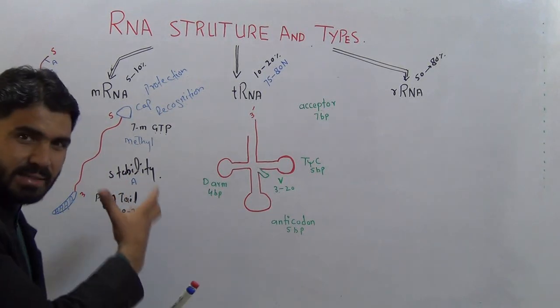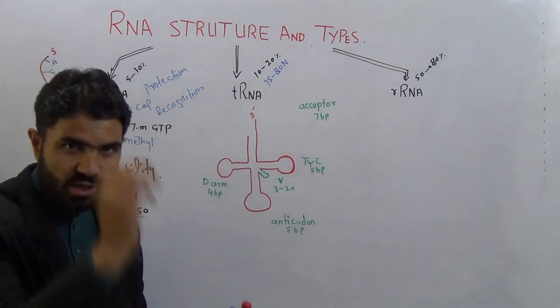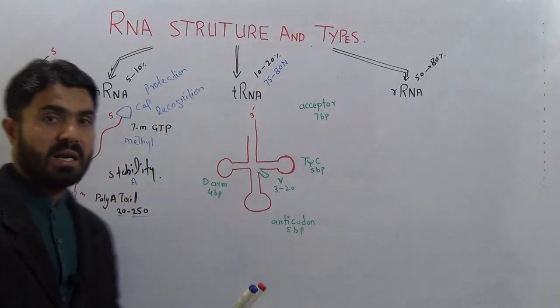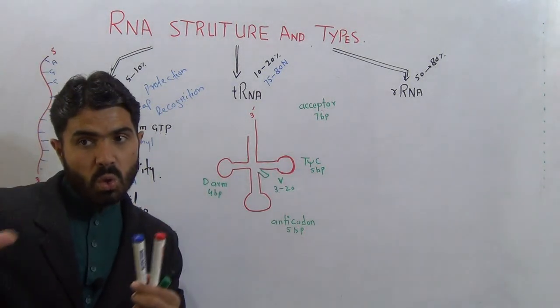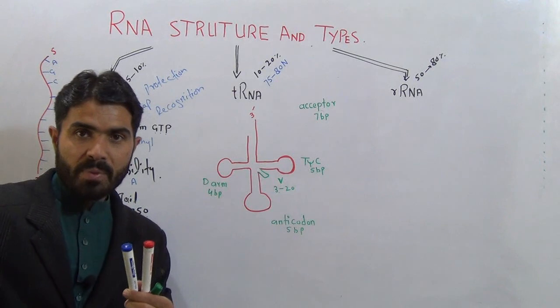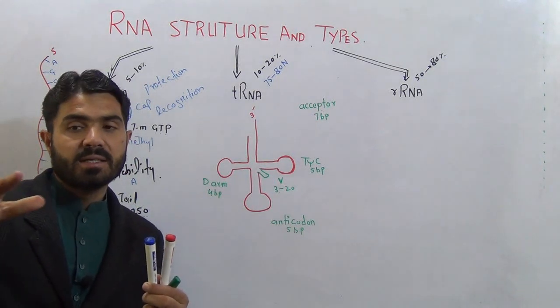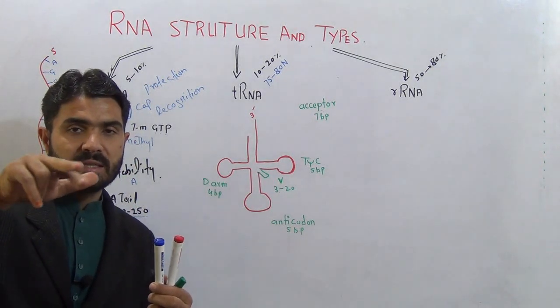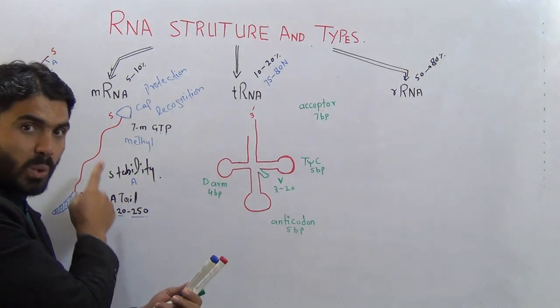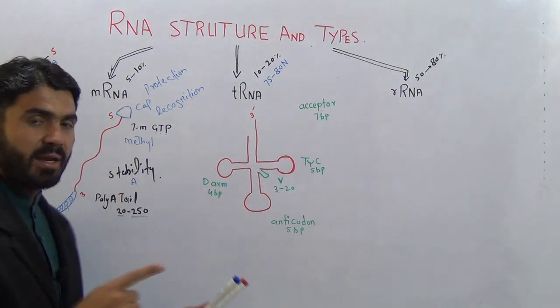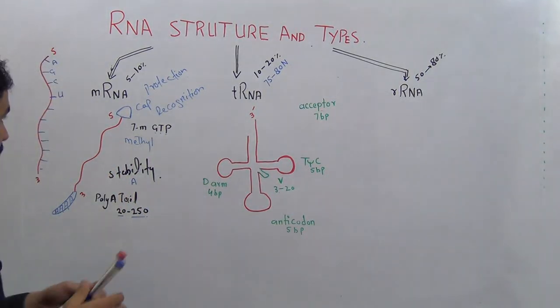It will stabilize that messenger RNA throughout its journey, because this messenger RNA is now supposed to go towards the ribosome, attach there, and the process of protein synthesis will start with the attachment of messenger RNA to the ribosome.